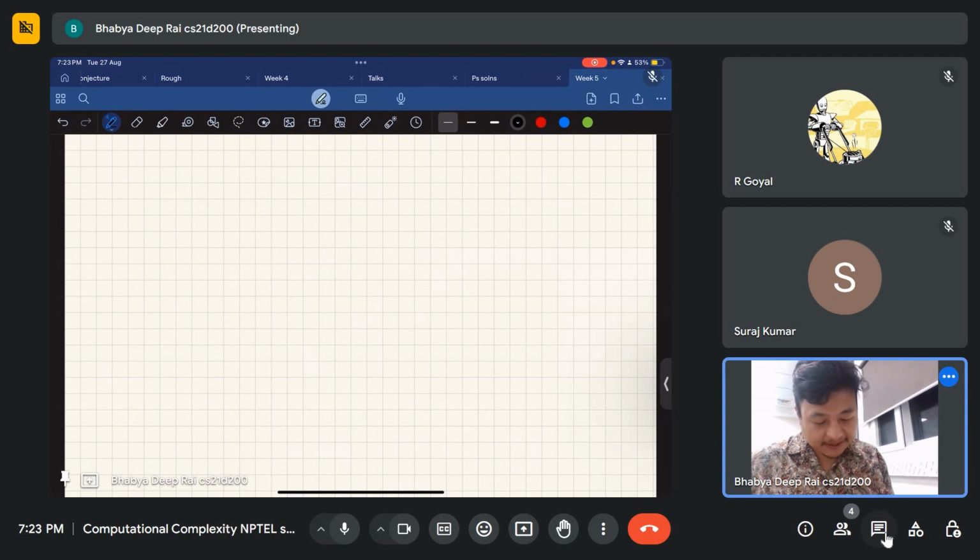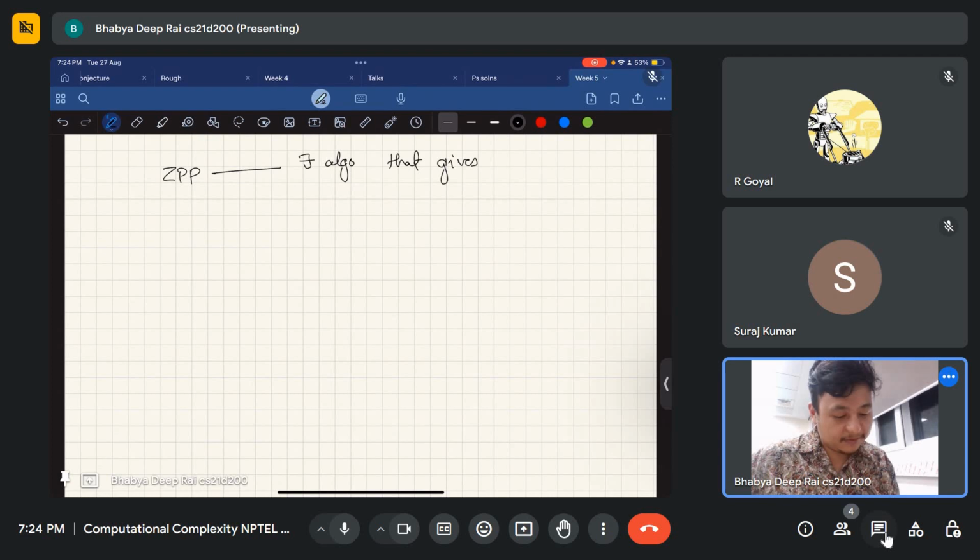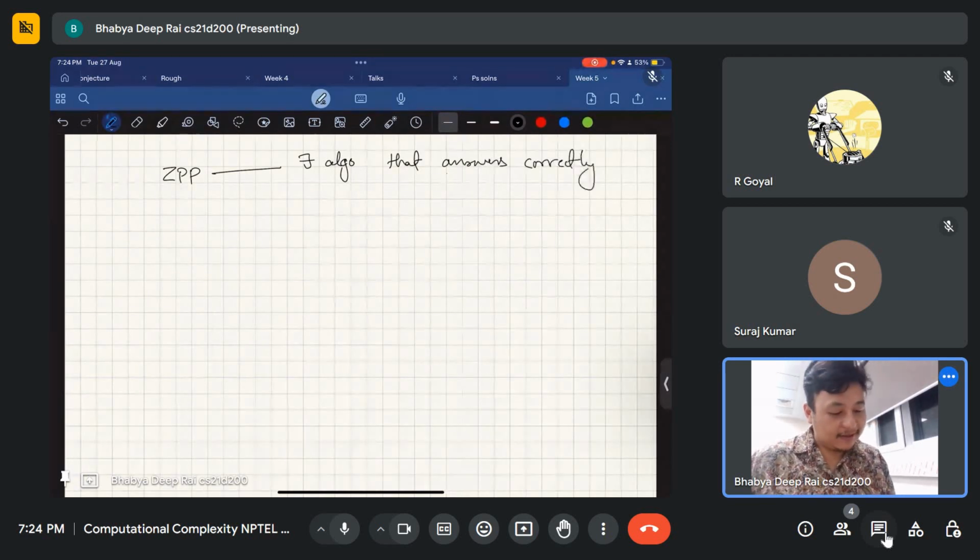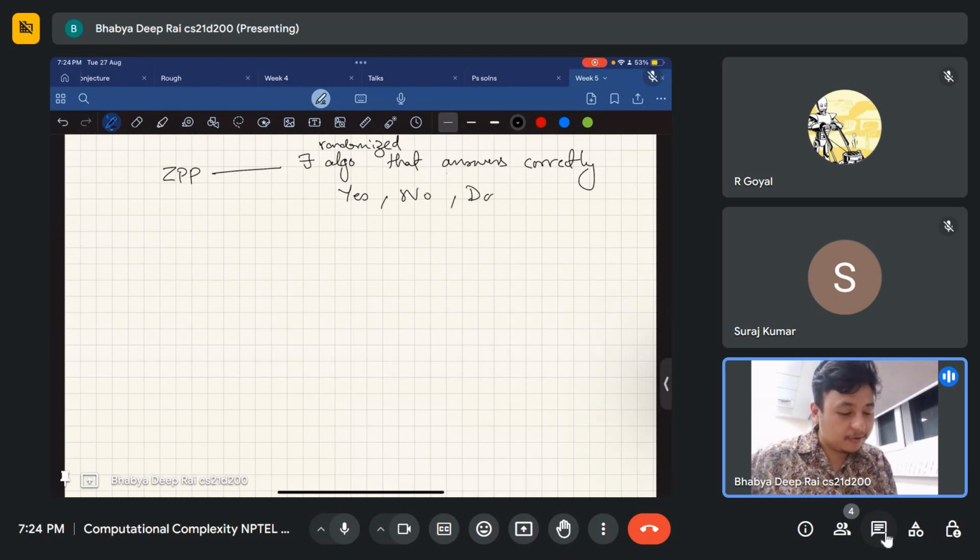So another way of saying ZPP is there is an algorithm that answers correctly without error. Okay, and this algorithm is randomized. It either says yes or no or don't know.